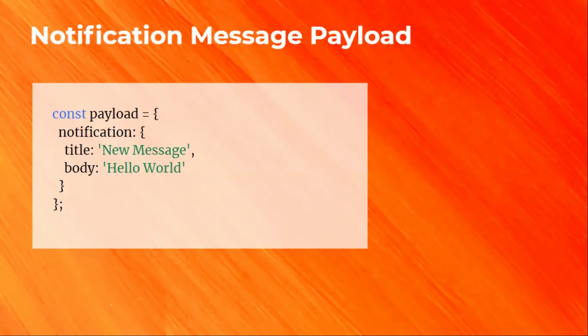Notification messages contain a predefined set of user-visible keys, and data messages are handled by the client. Data messages by construct contain only user-defined custom key-value pairs. Notification messages can also contain a data payload, but it is optional. So next slide, please.